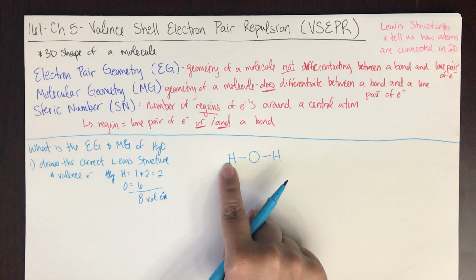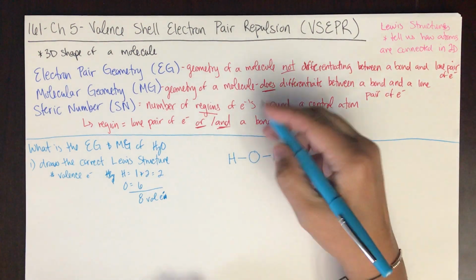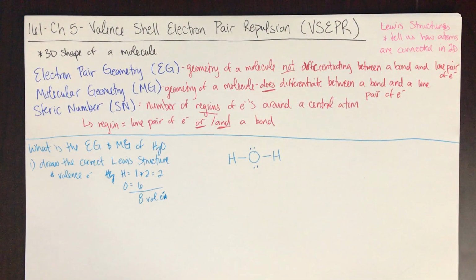Hydrogen has a full outer shell because it only wants 2 electrons, and it's sharing 2 electrons, both of them. So I've used 2, 4, so then I would come back here, 6, 8. So that's the correct Lewis structure for water. So this is the first step in determining the correct molecular and electron pair geometry, is writing the correct Lewis structure. Okay, so step 1.